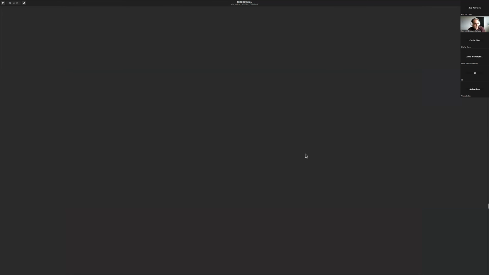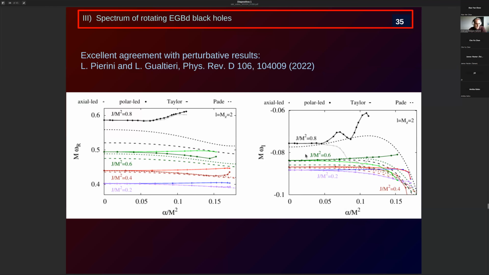Something you can do, there are previous results in Gauss-Bonnet-dilaton theory that use perturbation theory. For example, in the case of Einstein-Gauss-Bonnet-dilaton theory, we have compared our results with the ones from Pierini-Gualtieri using a slow rotation. They use a slow rotation to study the polar modes that I just showed you, and we find that our complete calculation is in excellent agreement with their perturbative results.